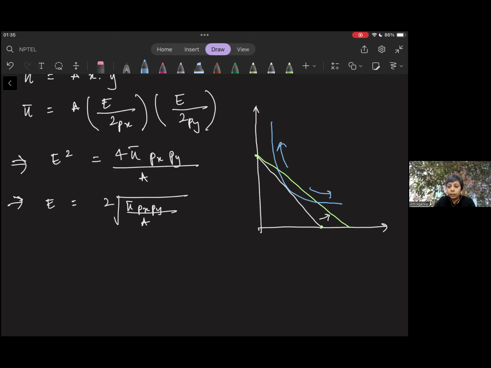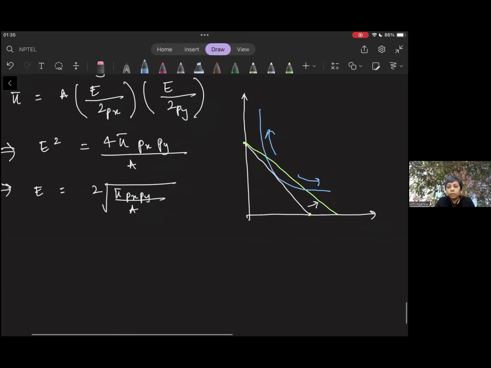You're moving along the indifference curve, so you're holding the utility constant. So if you want to maintain the same level of utility with increased prices, you will obviously need to supplement your income, right? Because at the new prices, your original income is not going to give you the same level of utility.